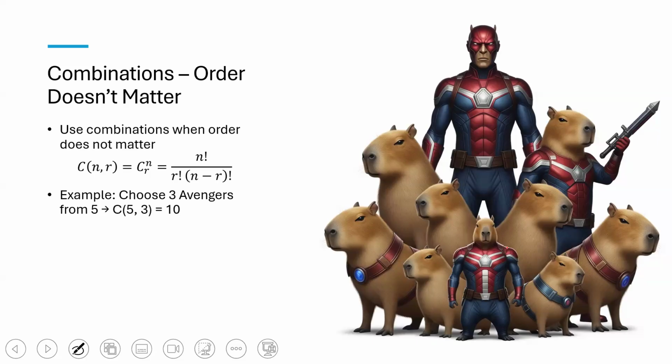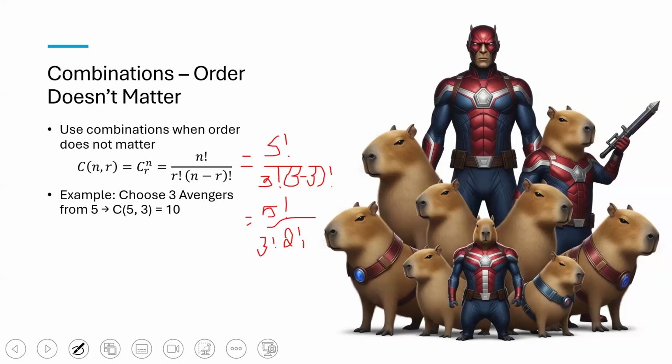He only cares about who goes, not in what order. So, if we plug in here, we would have 5 factorial over 3 factorial times 5 minus 3 factorial, or 5 factorial over 3 factorial times 2 factorial.